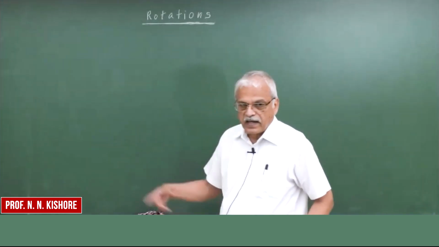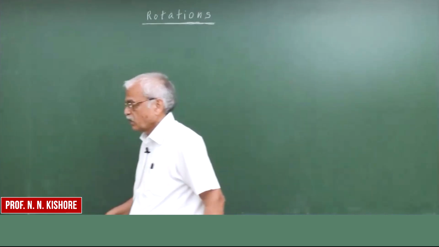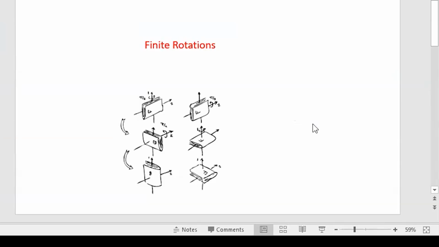So let's have a small slide which I show you here. Yeah, this is what I was telling. If you hold this fast and then rotate it like this, and then rotate it like this, you will end up like this. Similarly, if you hold it like this and rotate it like this and rotate it like this by 90 degrees, the end result is not the same, right?